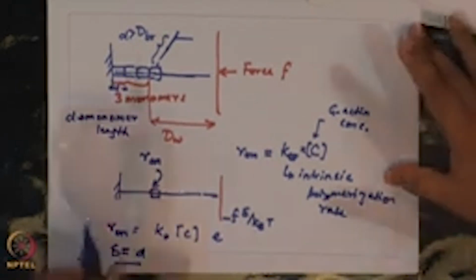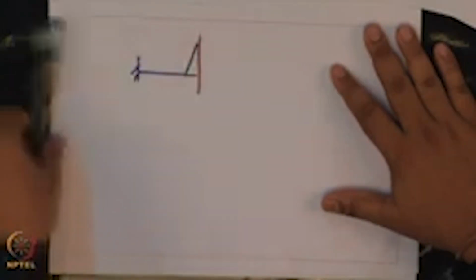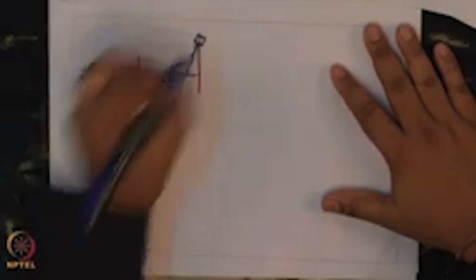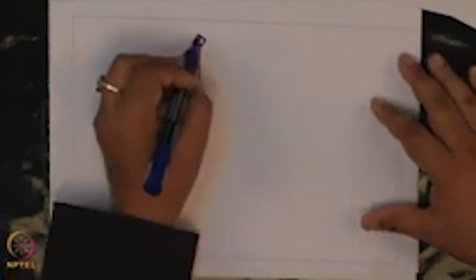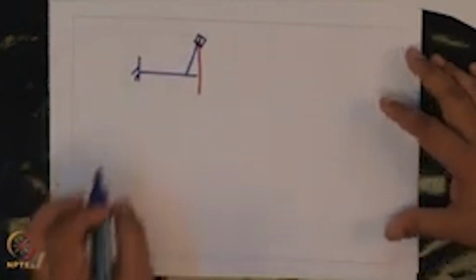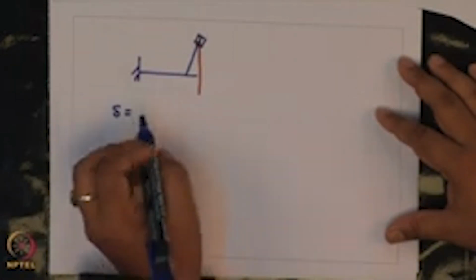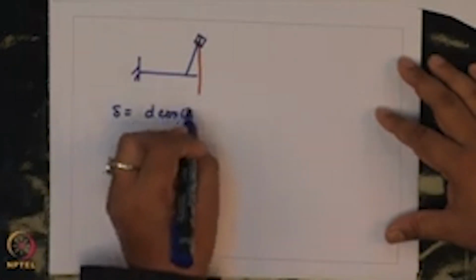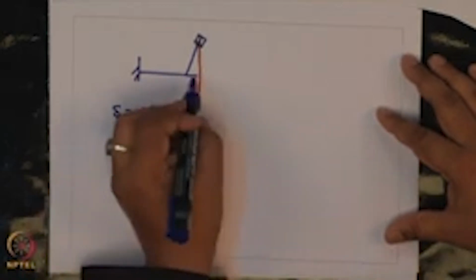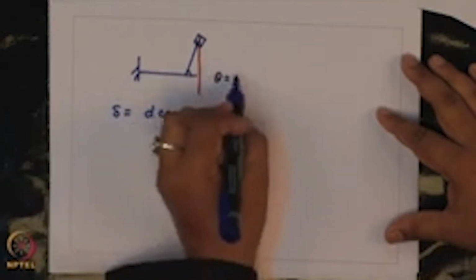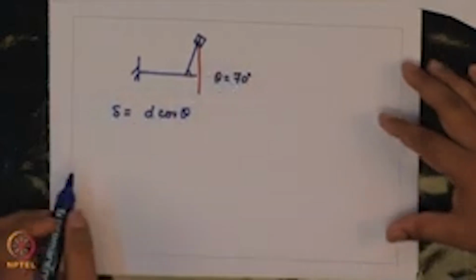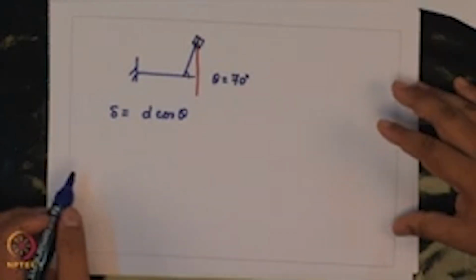However, if you have a geometry like this, so this is my wall here, and I am to add a monomer here. So, this is my d. In that case, delta is nothing but d cos theta, where theta is 70 degrees, because a new filament gets added at an angle of 70 degrees.